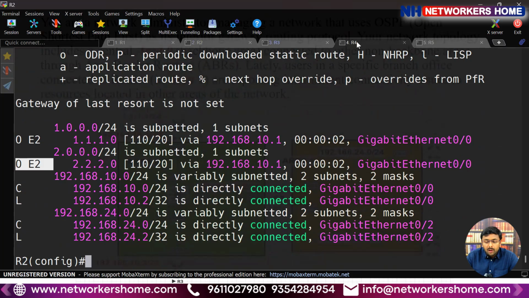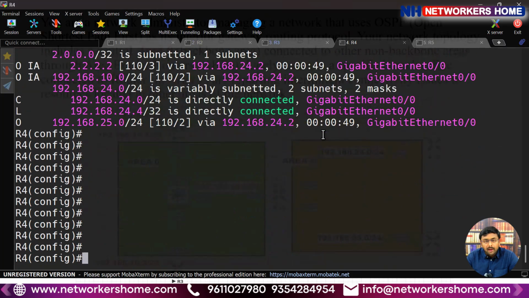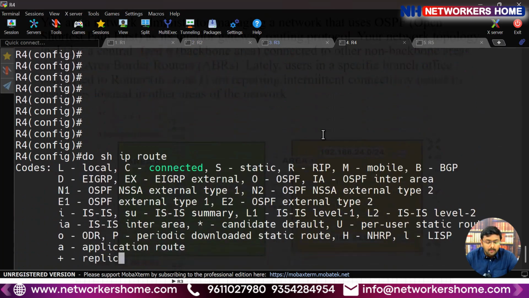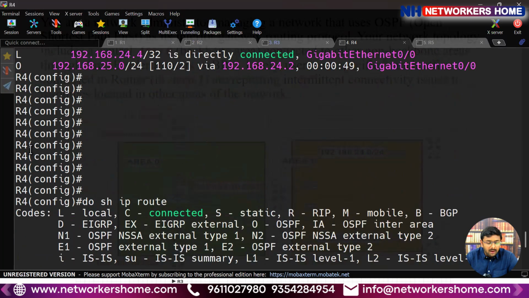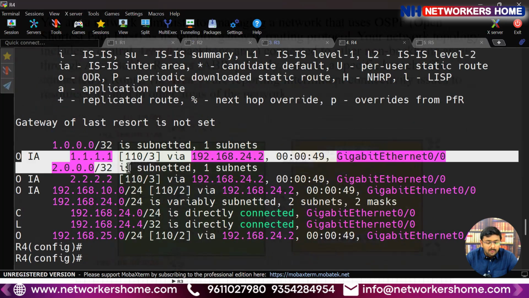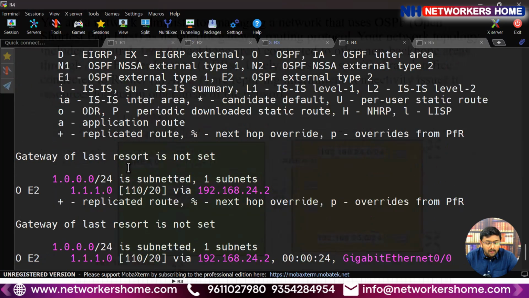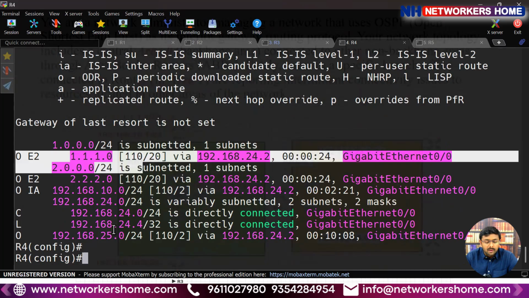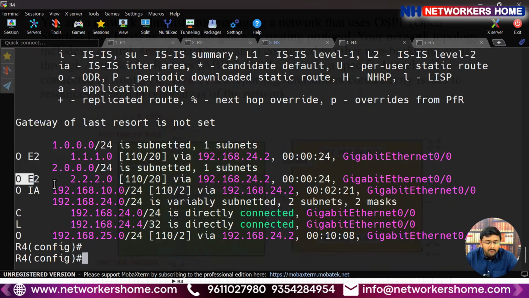Now, if we check it on the router 4, that is in area 1, do show IP route. Earlier it was getting this information as inter area. Now it is getting external information regarding 1.1.1.0 and even regarding 2.2.2.0.